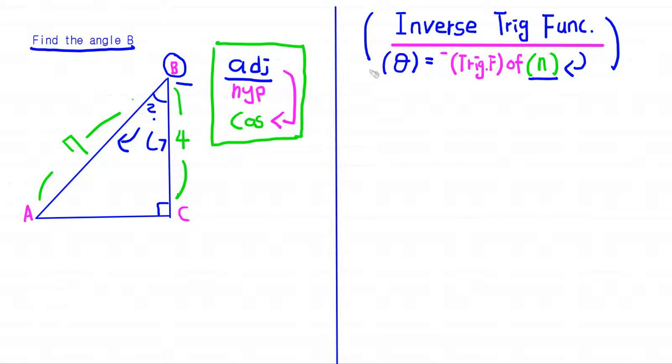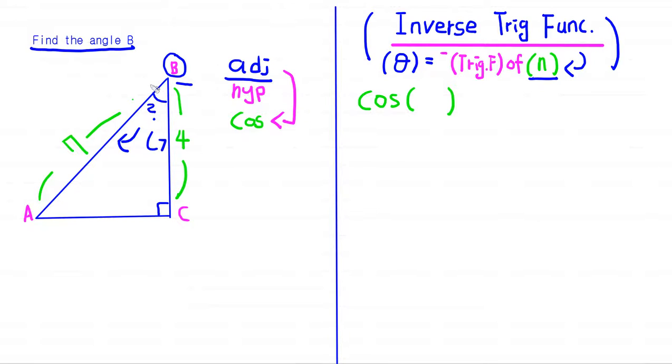And if you use it, I'll just erase this. The cosine of the angle, I will just call it theta. Cosine of theta is equal to adjacent over hypotenuse, which is 4 over 7.